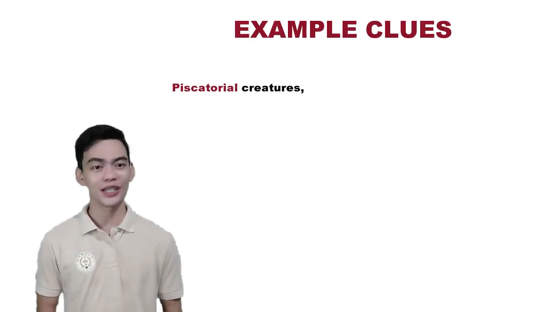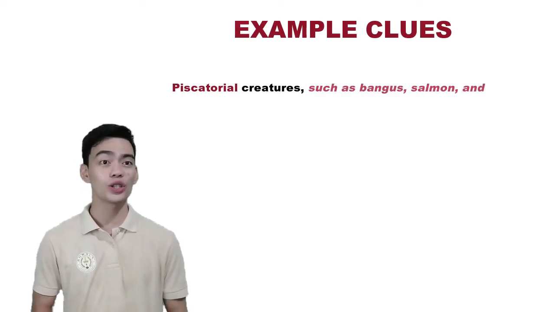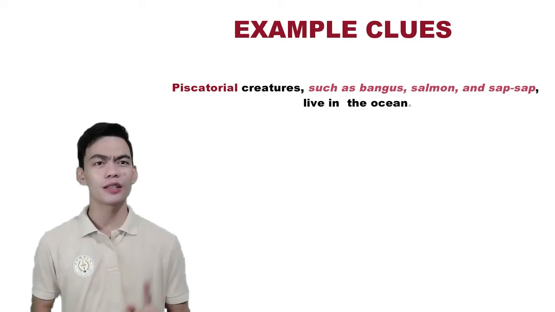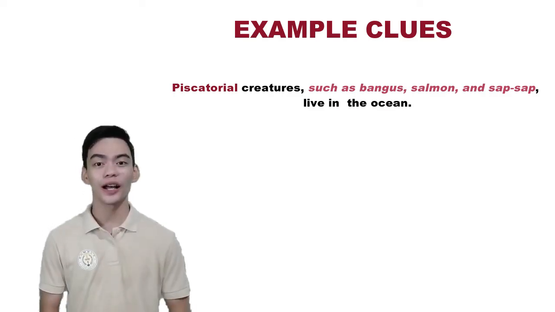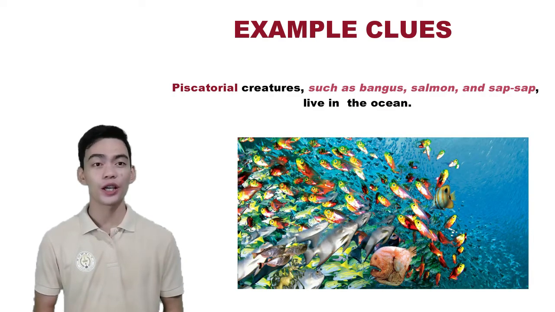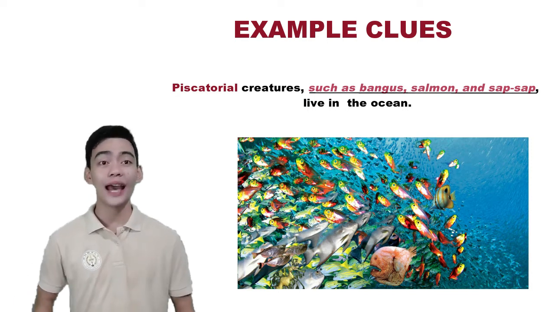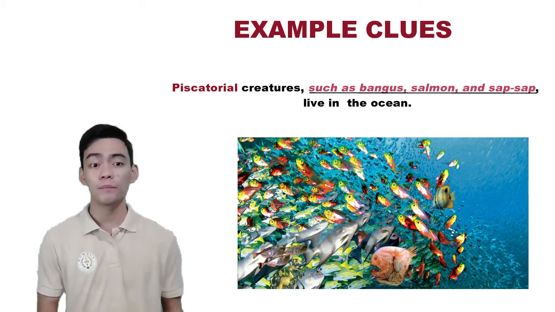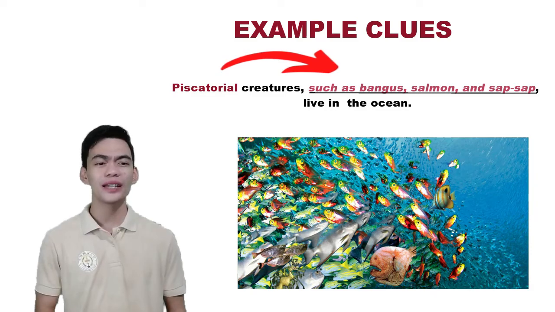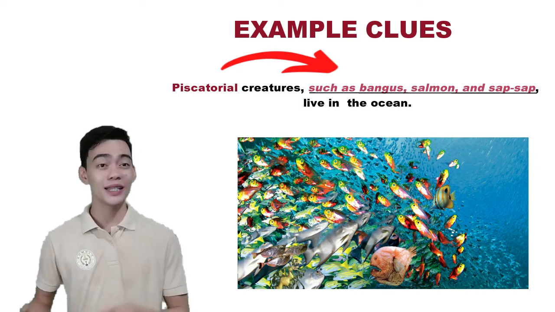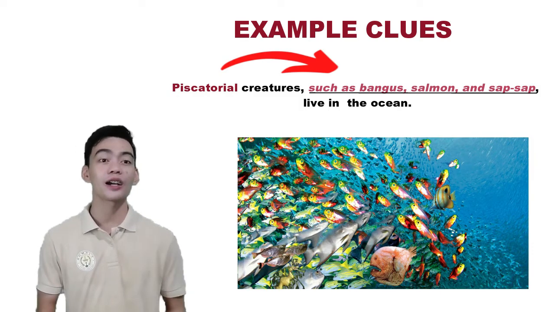For instance, "Piscatorial creatures such as bangus, salmon, and sapsap live in the ocean." Piscatorial obviously refers to fish, the words "such as" point out examples of piscatorial creatures. Therefore, given the examples, we can easily infer that piscatorial creatures are seawater creatures.